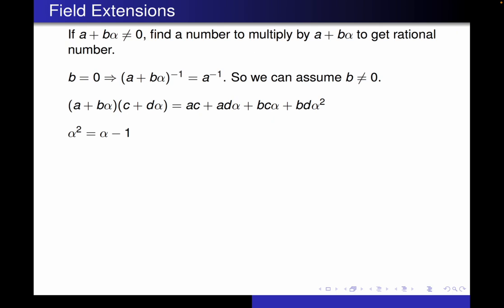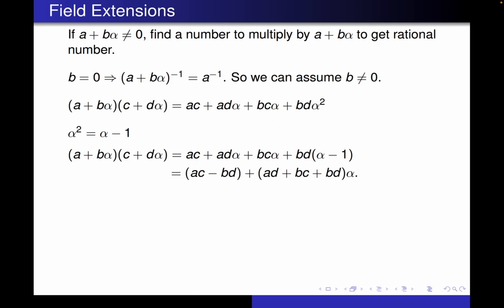Remember, alpha was a root of alpha squared minus alpha plus 1, which means that alpha squared is equal to alpha minus 1. So we can plug that in for alpha squared, and then we can multiply everything out and collect like terms. That is something that you don't need to see, but when you do all that work, this is what you're going to get. You're going to get ac minus bd plus (ad plus bc plus bd) times alpha.